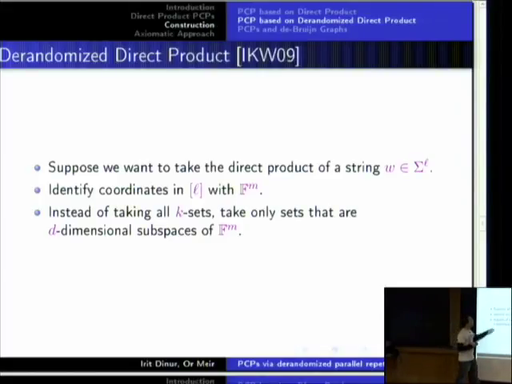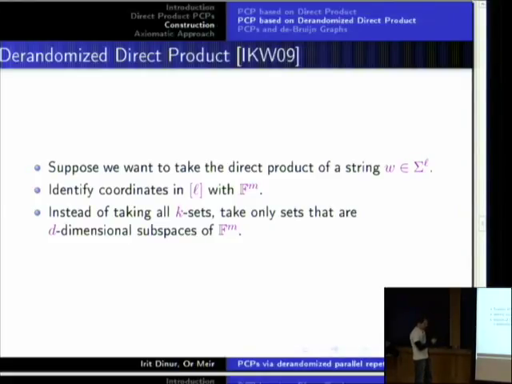So now we identify the coordinates from 1 to L with the vectors of the linear space F to the M, for some field F and some integer M. And now, instead of taking all the possible k-sets of coordinates, we take only the k-sets that form a linear subspace of F to the M, say of dimension D. So we choose some F, some M, and some D, and then we define K to be the size of a D-dimensional subspace.